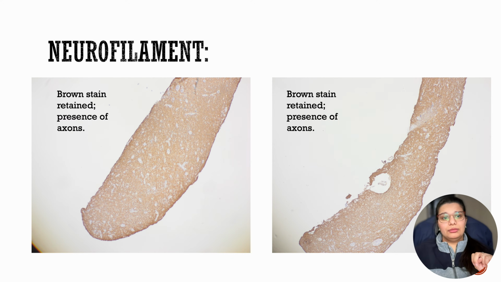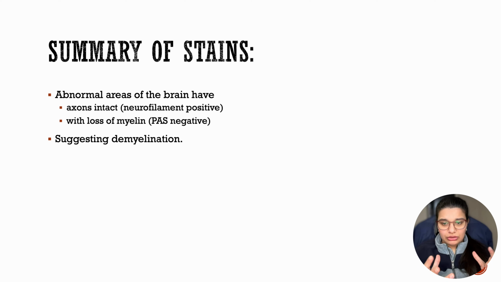So the summary of the two stains we did is that in the abnormal areas myelin is absent as PS is negative, but axons are intact because neurofilament is positive, which suggests a demyelinating disorder. Now we focus on the viruses which cause demyelination, and the thing that came to our mind was maybe it's JC virus.